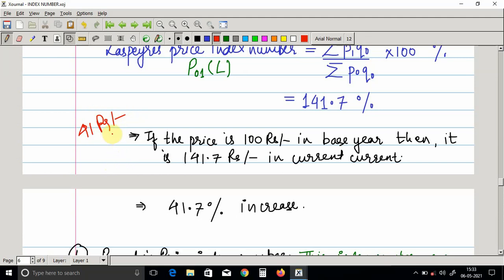So lifestyle maintain करने के लिए तुम्हें extra कमाना भी पड़ेगा. How much extra? 41 rupees. So this is one more interpretation. You should start earning 41% extra to maintain your cost of living.